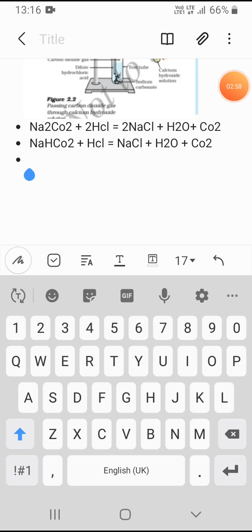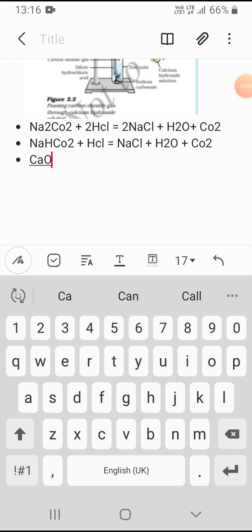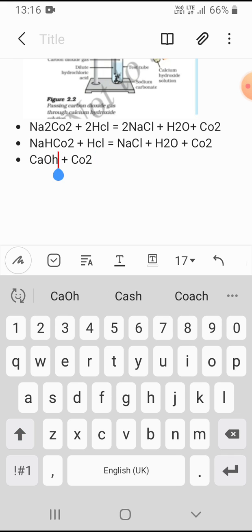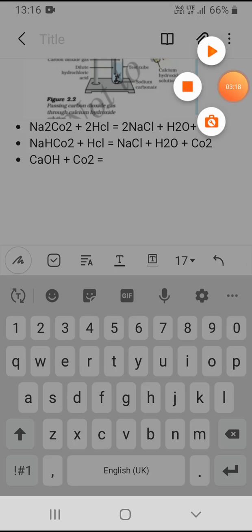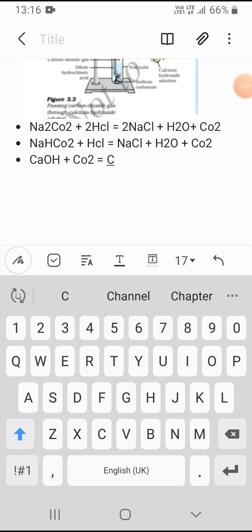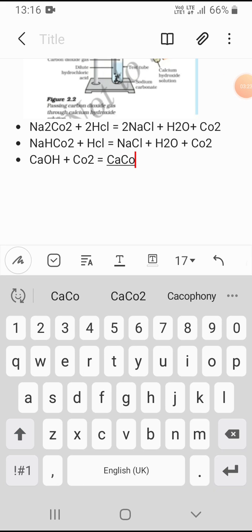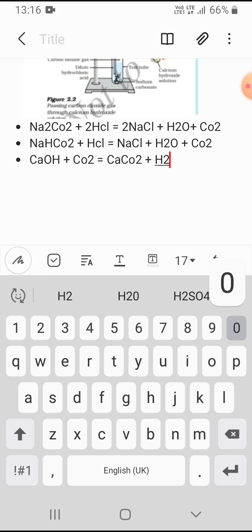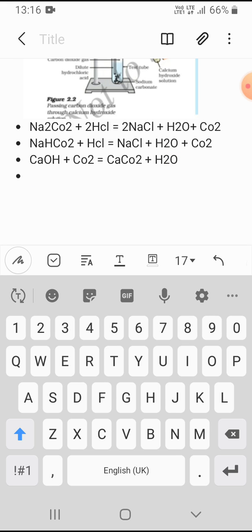If we put Ca(OH)2 plus CO2, that gives us CaCO3 plus H2O, that is a white precipitate, the white colored thing that is left.